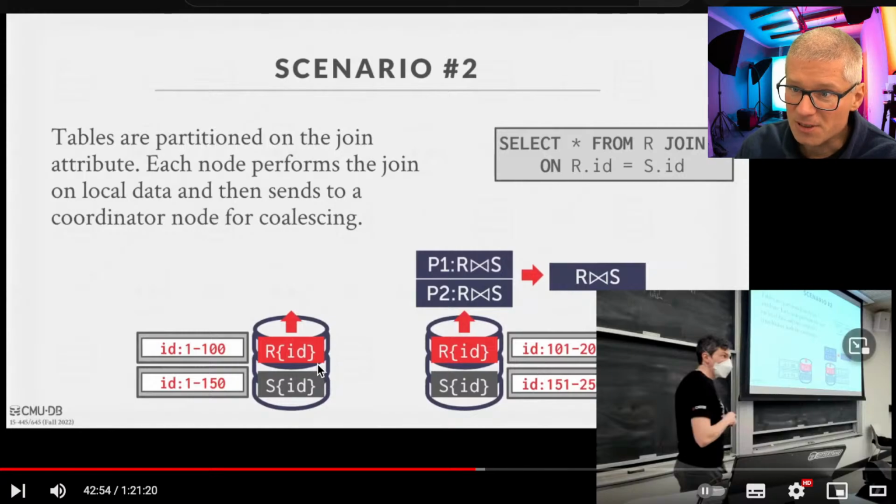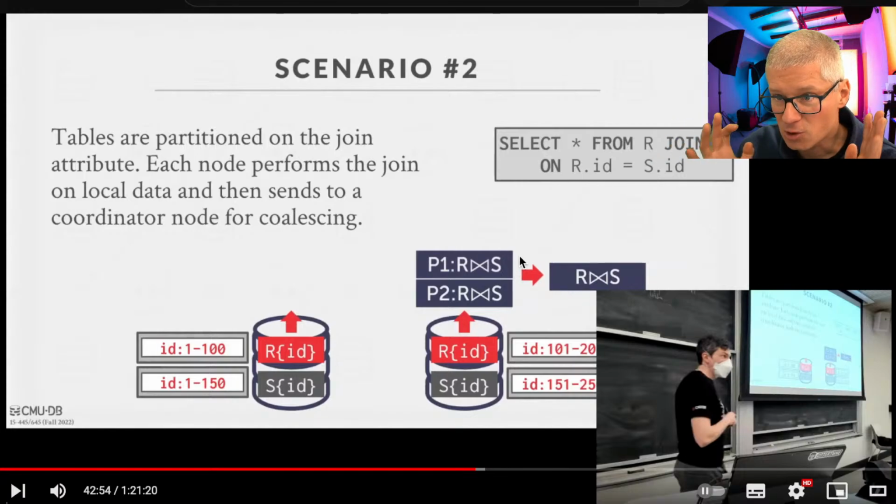The result is complete. If this would be partial, like in this scenario, where S only has the IDs from 151, you wouldn't find matches with R in the range from 101 to 150. So that wouldn't be correct. And he's correcting it later on the slide. So that would be the standard co-partitioned join, or in the standard database literature, it's also called a Gray's hash join.